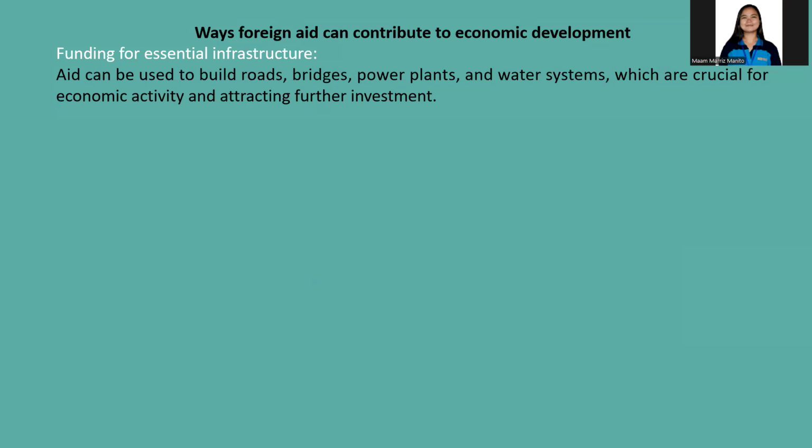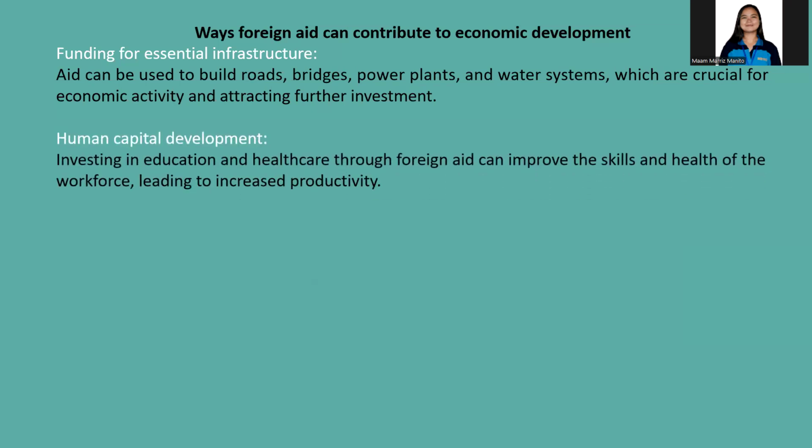It could fund essential infrastructure such as roads, bridges, power plants, water systems, which are all really useful, especially the quality, di ba? Especially if it's coming from Japan, the quality of their work is really impressive. So that's one.